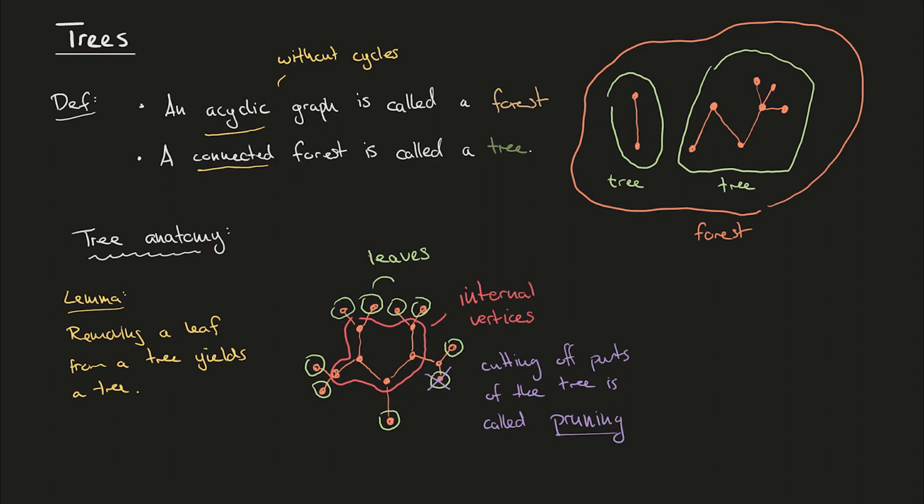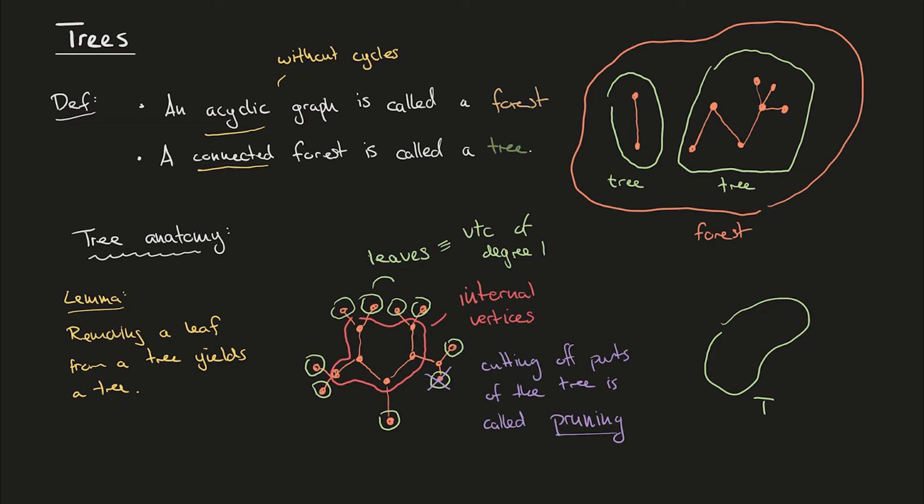Now, what about connectivity? So the question is whether we can disconnect a tree by removing one of its leaves. And remember, the leaves are by definition the vertices of degree 1. Now suppose we have some tree, which I'll just draw as a blob because we don't know exactly what's going on, and we'll call this tree T. And suppose that we've removed some leaf from T and we've managed to obtain a graph which is no longer connected.